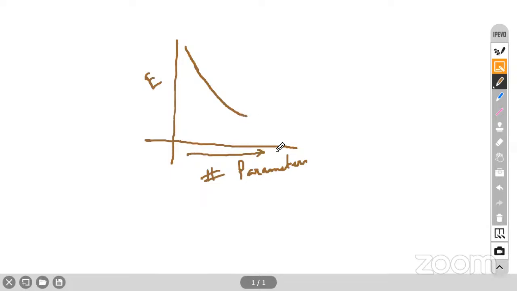When you increase the parameters, in the training data set the error will be very small. In the testing data set, when the number of parameters is small, you will also get a larger error. When you increase the parameters, you will get less error.